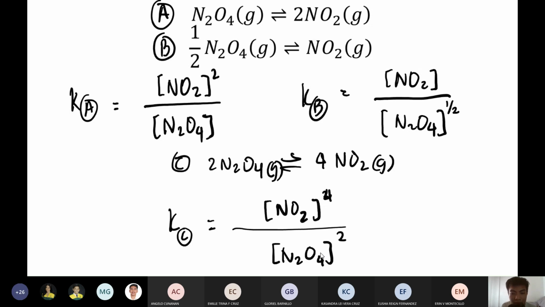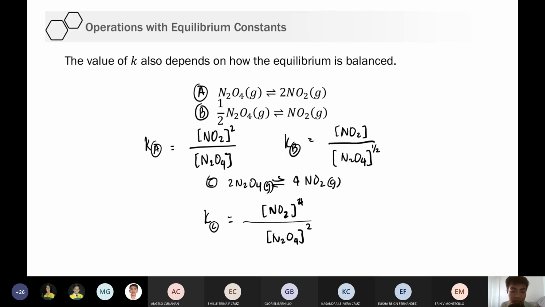No? So, ganun nangyayari. So, depending on how you balance the equation, you can either get a square root, cube root, or square or cube of your original K value. Okay? So, ibig sabihin nun, iba-iba yung K depending on how you balance the equation. Kung naka-flip yan, kung yan ay naka-square, times 2, naka-divide by 2, times 3, divide by 3.